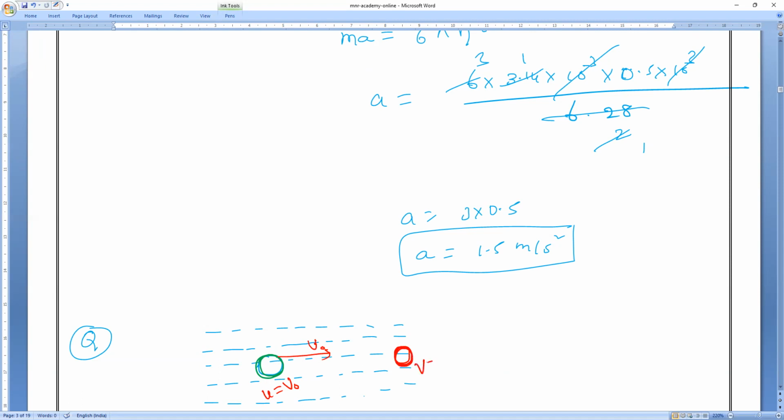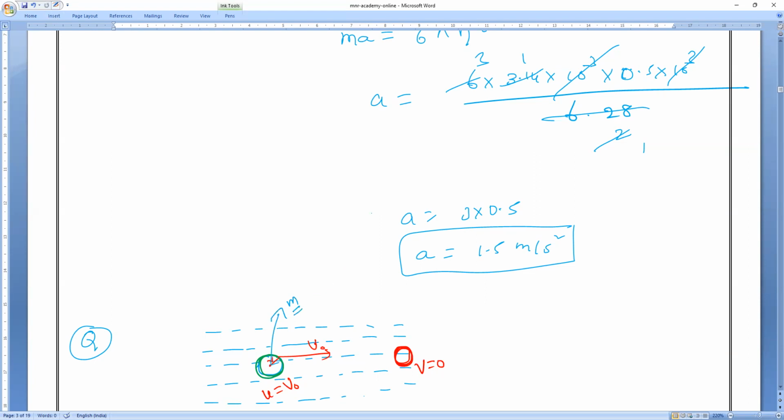That is, the final velocity becomes 0. Now, whose radius is R, and whose mass is M. Observe very carefully.